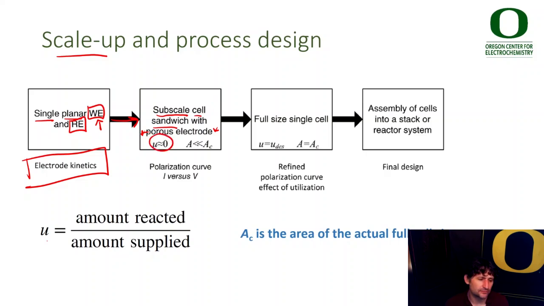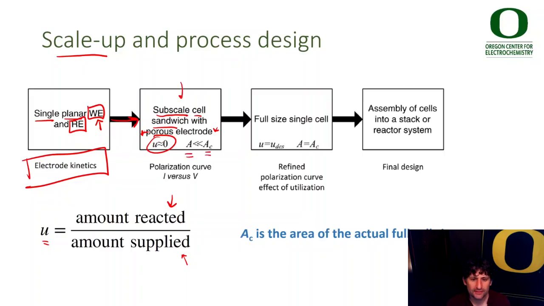So the conversion, it's the amount reacted over the amount supplied. So you want to measure this now under situations where you're not using up much of your reactant. So the reactant concentration is essentially constant through this experiment. So the mass transport of the reactant is not going to limit you here. These cells are actually much smaller also than the eventual target.